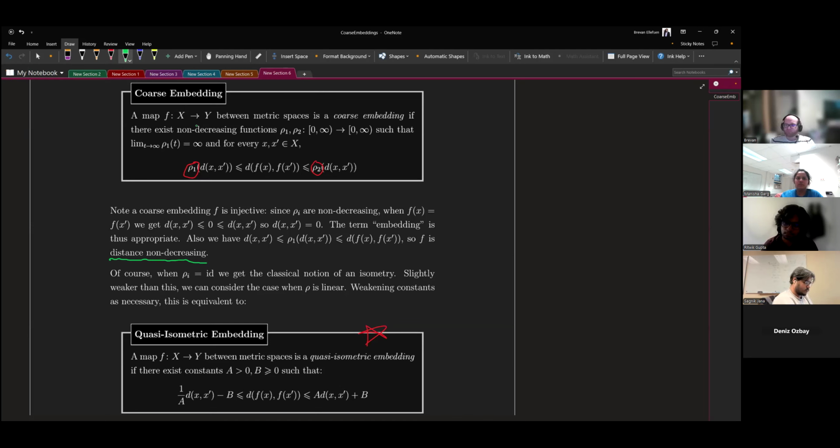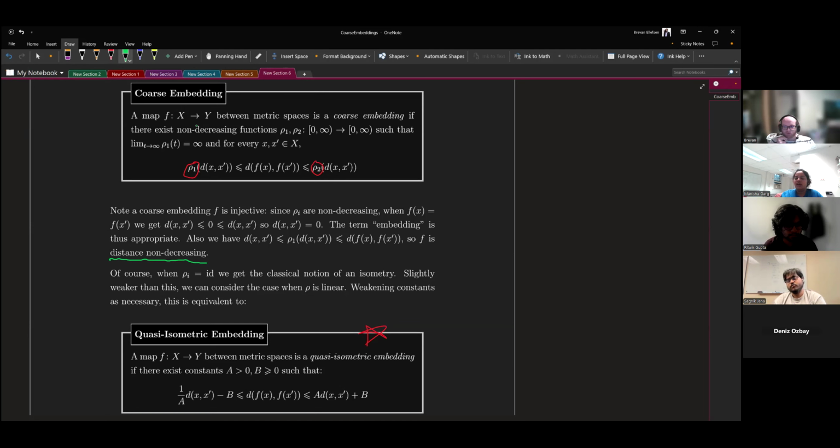Can I ask a question, Previn? Yes. So the condition that rho one is non-decreasing, does it mean that in some way we are not collapsing the distances, to preserve some sort of structure?